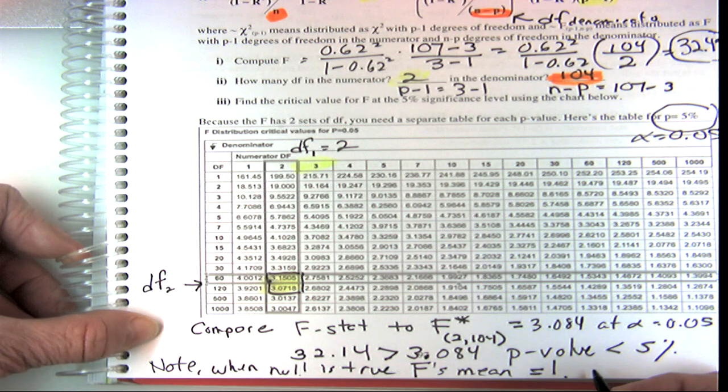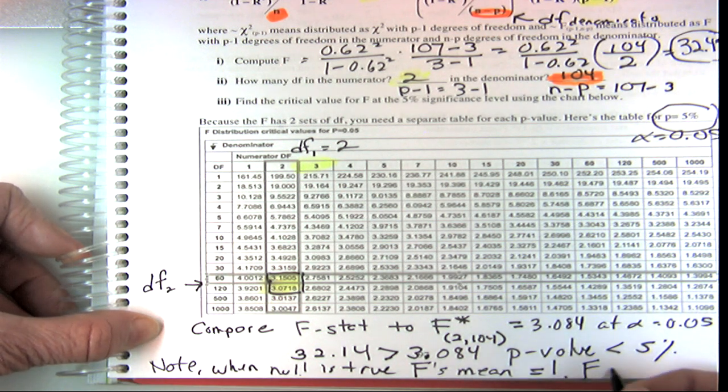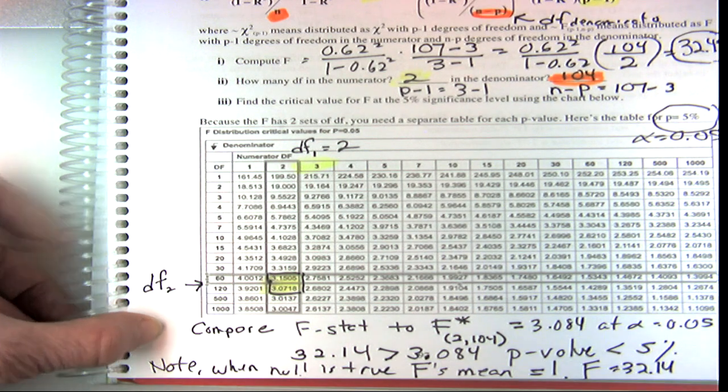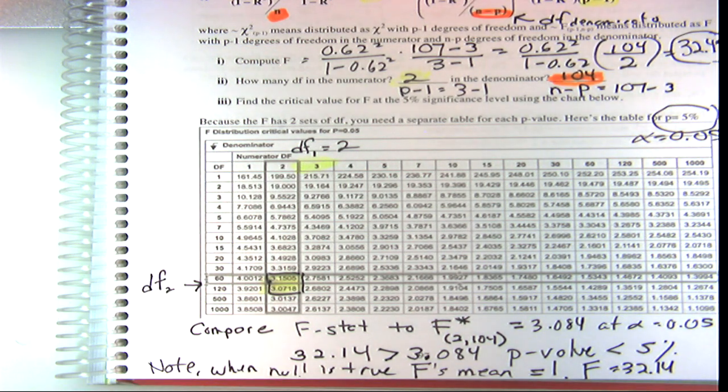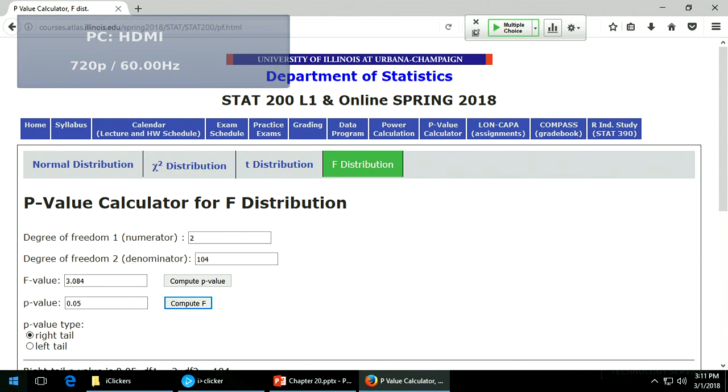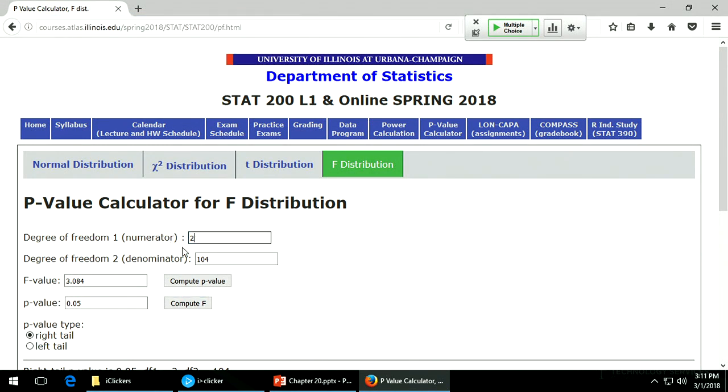So F equal to 32.14 is going to have a p-value almost 0, when F is usually about 1. Let's see what it has. So we keep that the same.